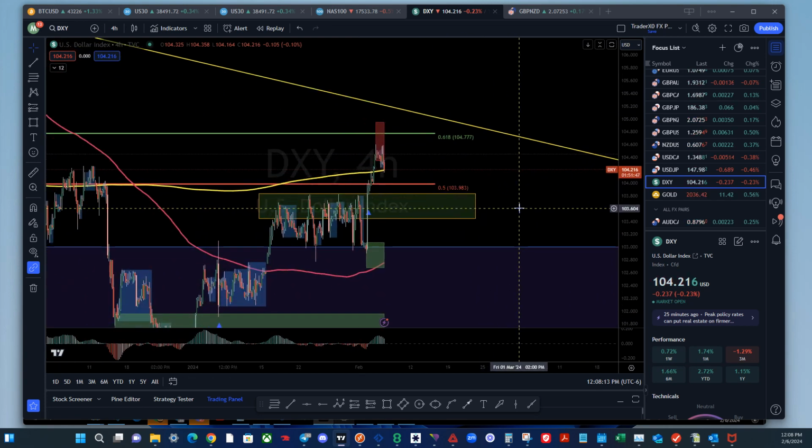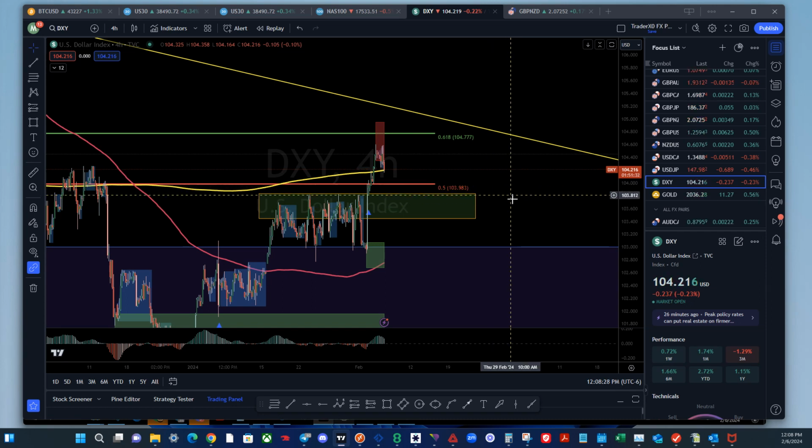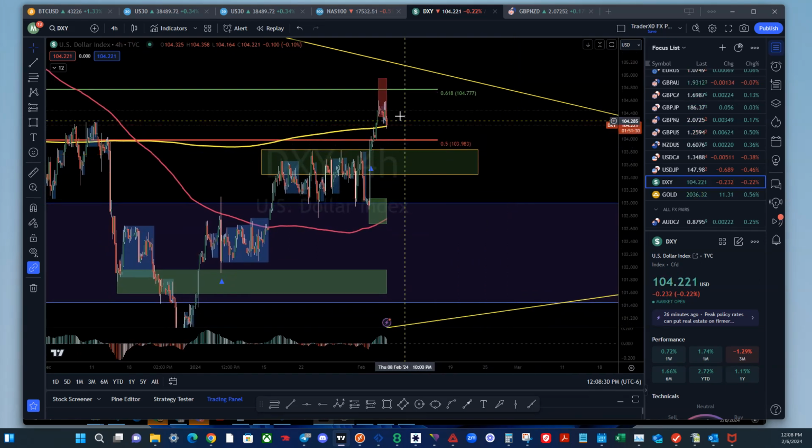Sell dollar CAD, sell dollar yen, sell dollar Swiss. Dollar Swiss is kind of slow. Buy AU, buy EU, buy GU, buy NU. Okay? Simple as that. This is about timing.